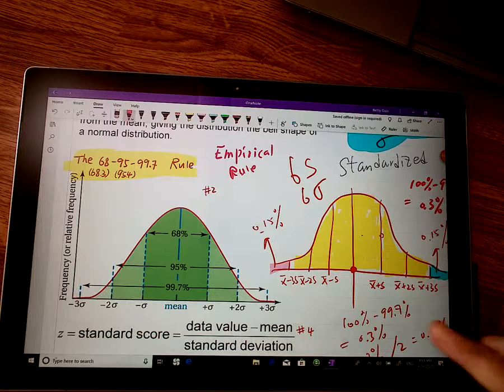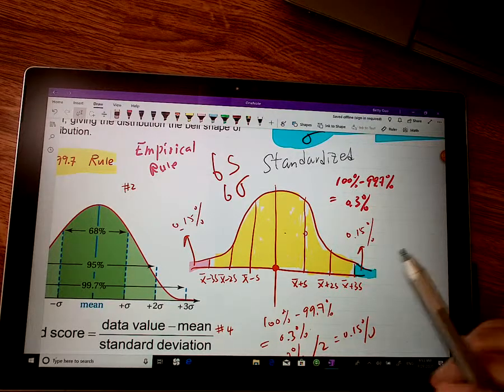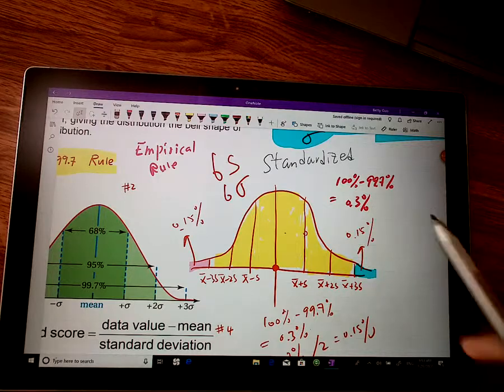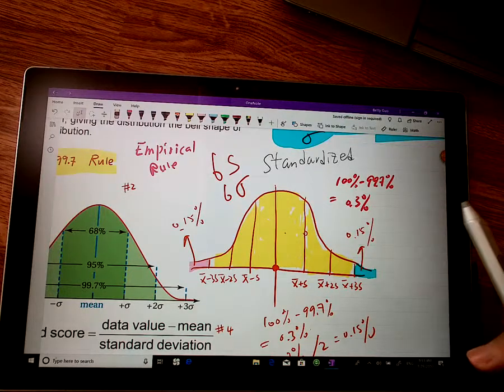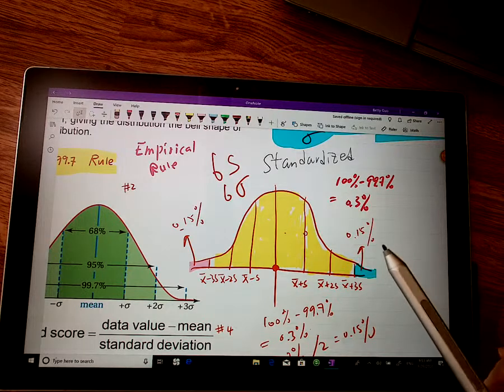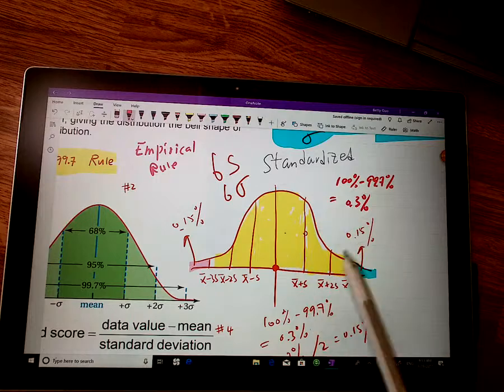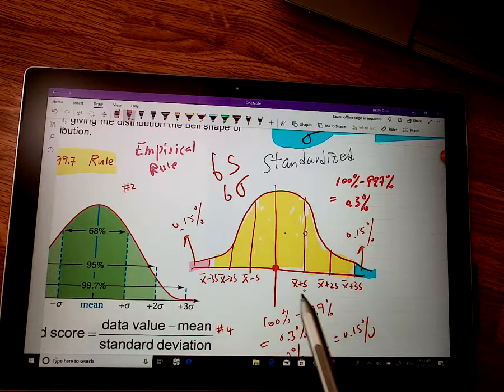Okay? And if we have a data set, it's like a sample, and the sample is from a normally distributed population, then we would say the values in the sample are at least roughly normally distributed. Then we would have a similar result.